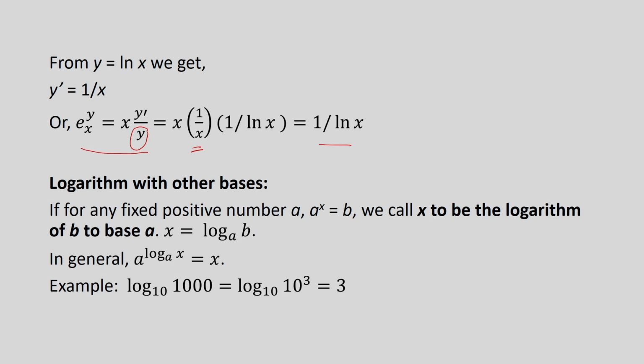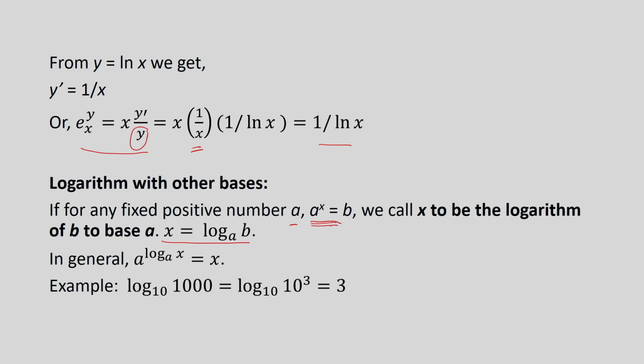Now, all these were logarithmic functions with base e, the natural exponential. If I take logs with other bases, they can also be defined. For any given fixed positive number a, if a to the power x is equal to b, we call x the logarithm of b to base a. So, write x is equal to log of b base a, and therefore I can substitute this back here.